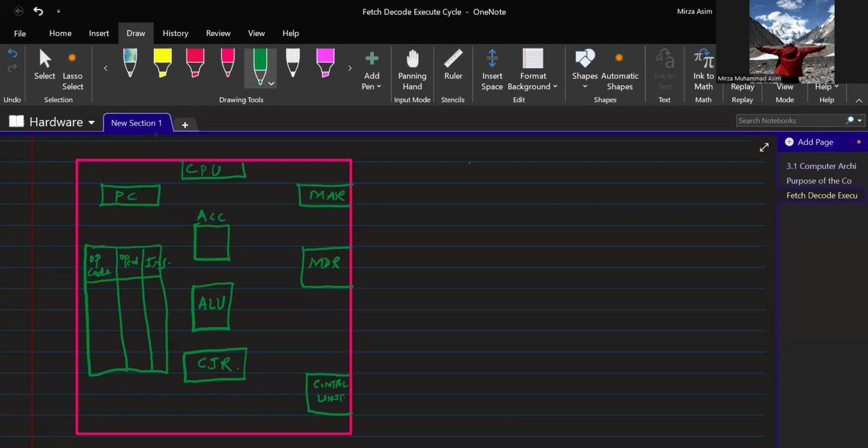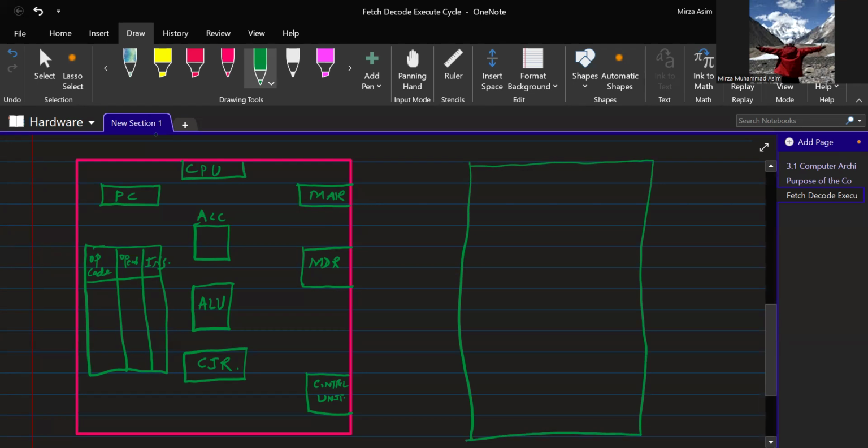and ये मैं अभी RAM भी बना लेता हूँ. It's the main memory or memory, right?